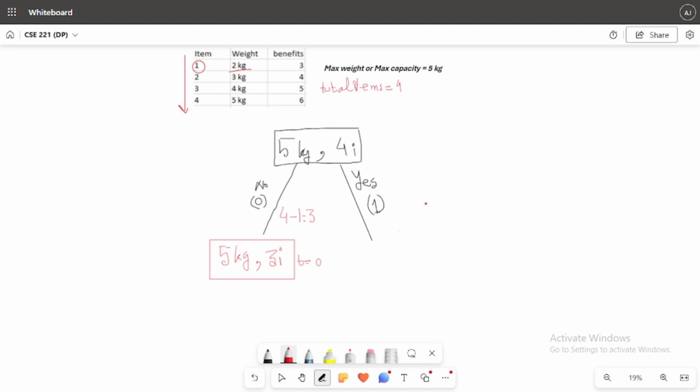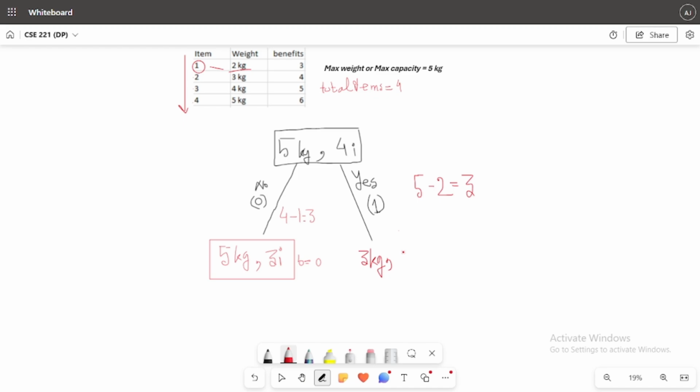So what will happen? 5 minus what we have picked, which is 2 for item number 1, right? So it will be 5 minus 2. What is 5 minus 2? It is 3. So as we are picking item number 1, it will be 3 kg now. It is our weight.